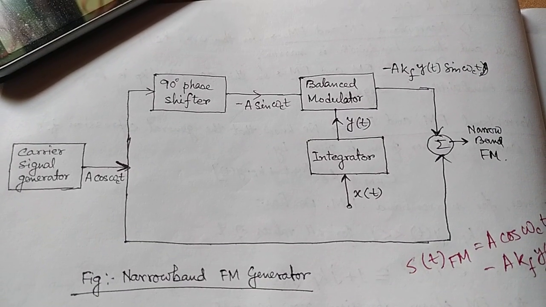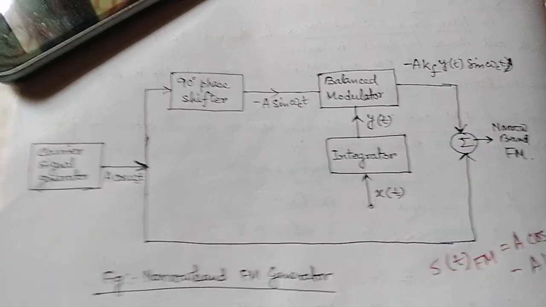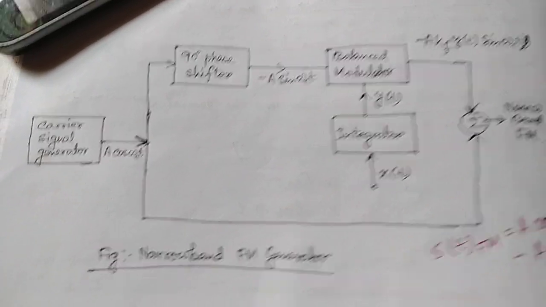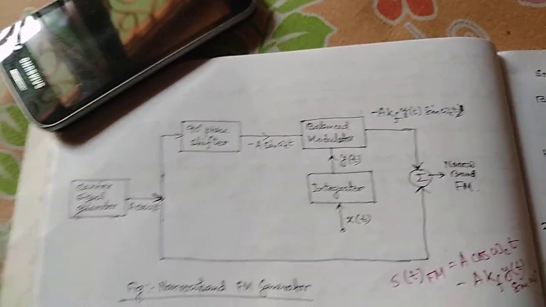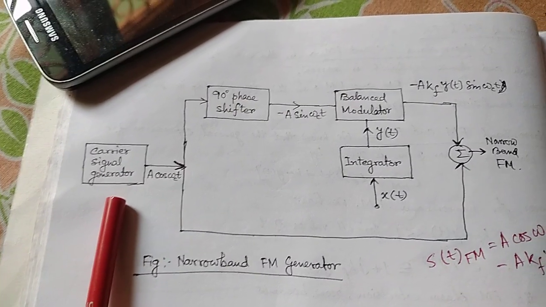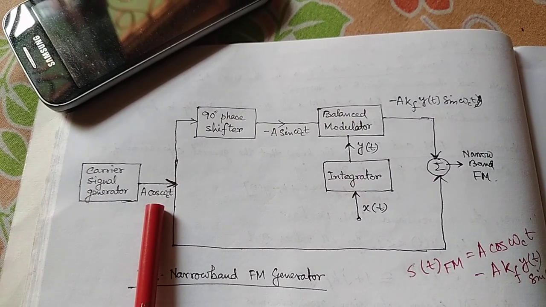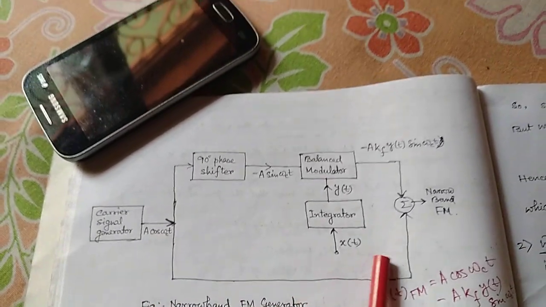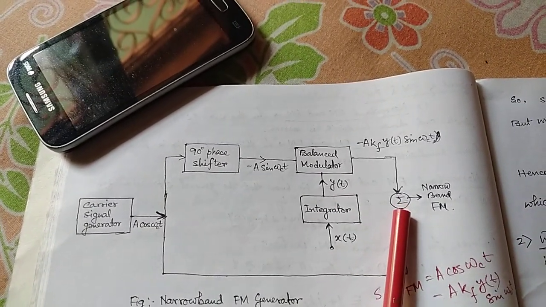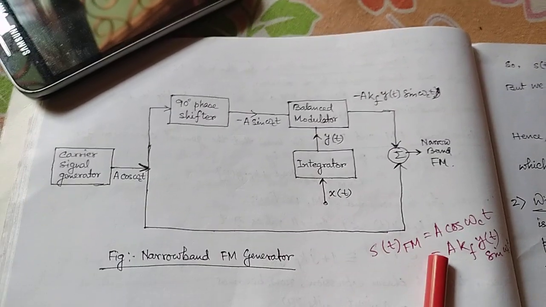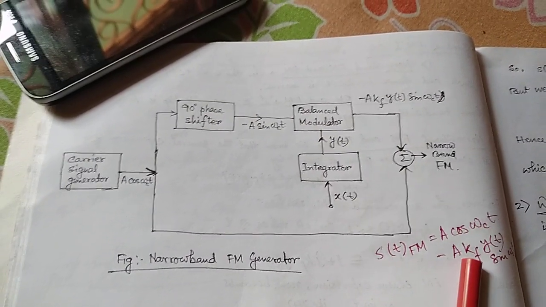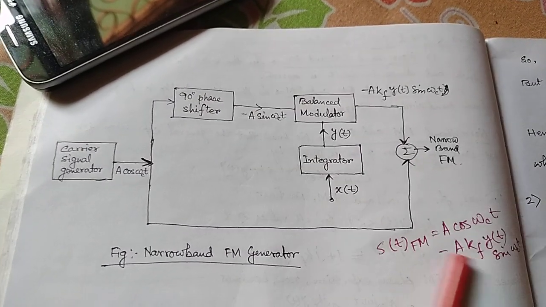So this is my block diagram of the narrowband FM generation. Here you can see in this picture, there is a carrier signal generator which is generating a signal A cos omega_c t, and it is going to the summation output, as my narrowband FM expression is A cos omega_c t minus A Kf y(t) sin omega_c t.